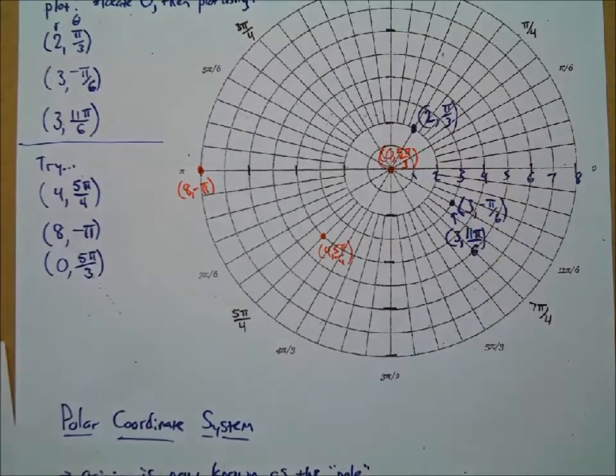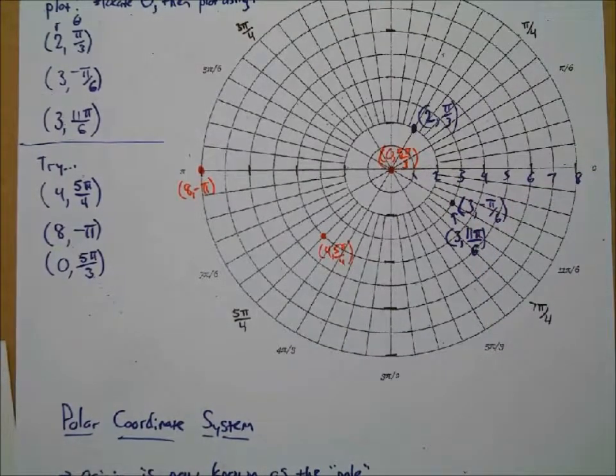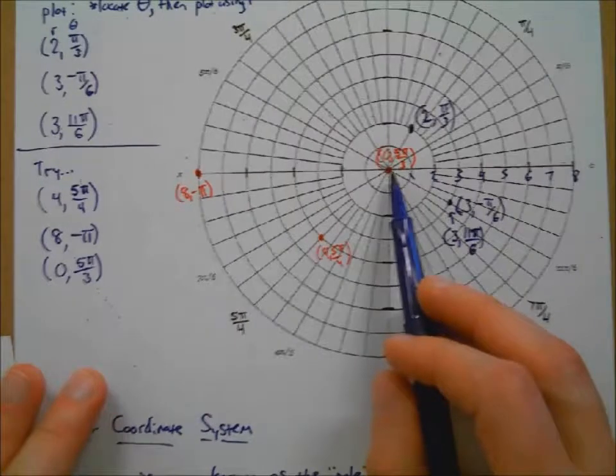Now, questions on any of that? Yeah, go ahead. It's actually just about the graph. It says in the notes that the x-axis is now the polar axis, but there's nothing really comparable to the x-axis. So what is the polar axis? Is it just the whole graph? When I say the polar axis, I really mean this positive part of the x-axis right here.